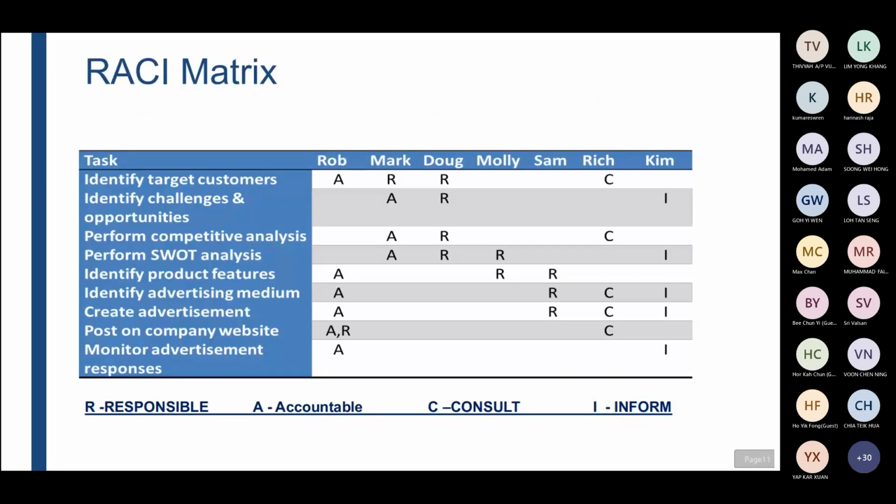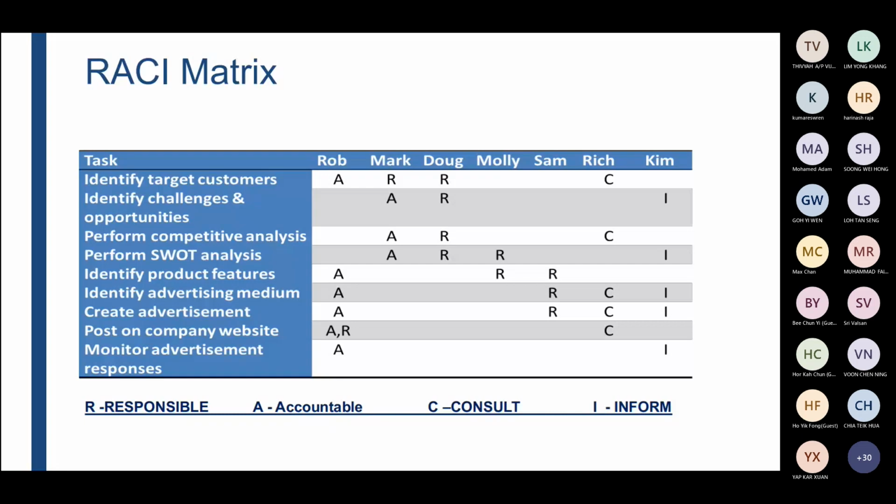And one of the tools that we were discussing last week is also known as a RACI matrix, which we should come out with for your project. Responsible, accountable, consult, and inform matrix. I have shown a number of examples to you last week, and there is one example here.